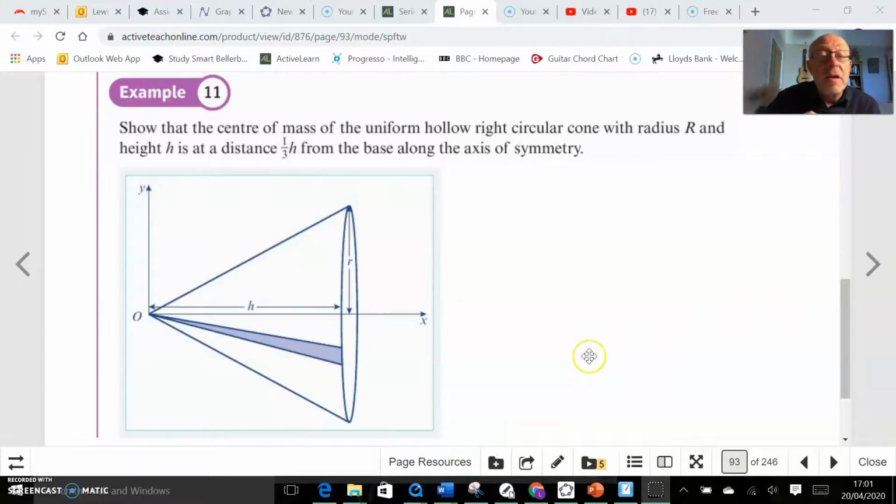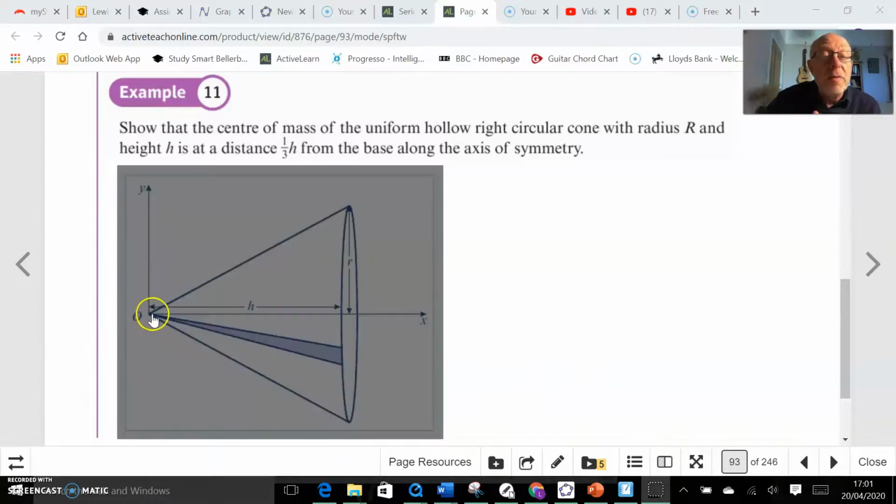It is 2/3 from the apex, so it'd be 2/3 from O down to about there. So all of the slices that we are dividing up the cone into will have the centre of mass at that point. So you can imagine cutting the cone with a circle here, and the centre of mass of each triangle will be on that circle.